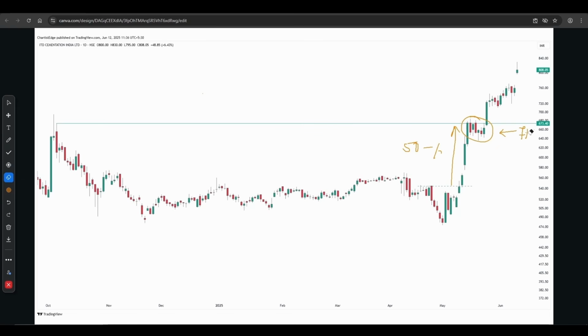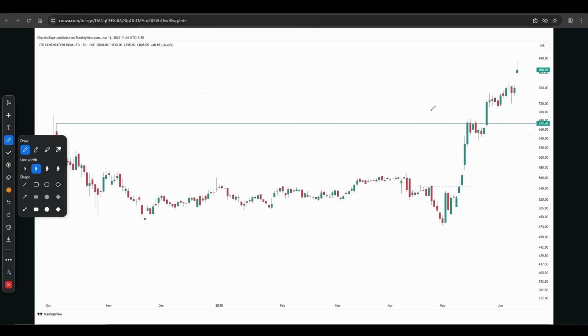Now here are some of the minute details that we should notice whenever we are analyzing any kind of contraction structure. The first pullback candle made a low, and look at the price candles that happened after it. This first candle showed us that the buying pressure was strong and it formed a shakeout type candle, right?